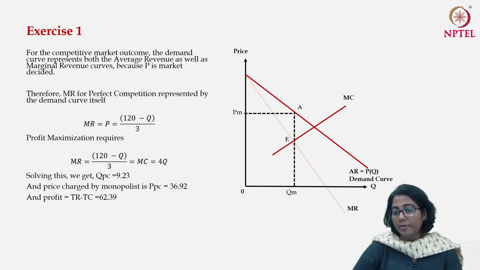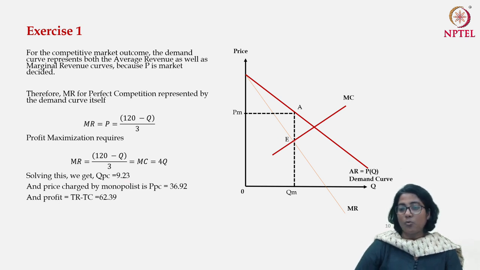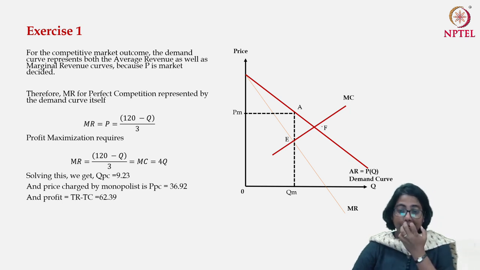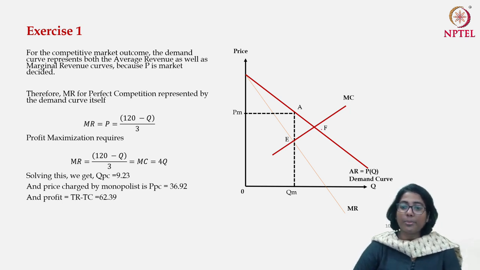Now instead of talking about point E, we are talking about point F. This is point F, where the marginal cost curve intersects the marginal revenue curve for the perfectly competitive market, which is also the average revenue curve. So the equilibrium for perfect competition is obtained at point F. This is the quantity that the perfectly competitive market will produce.